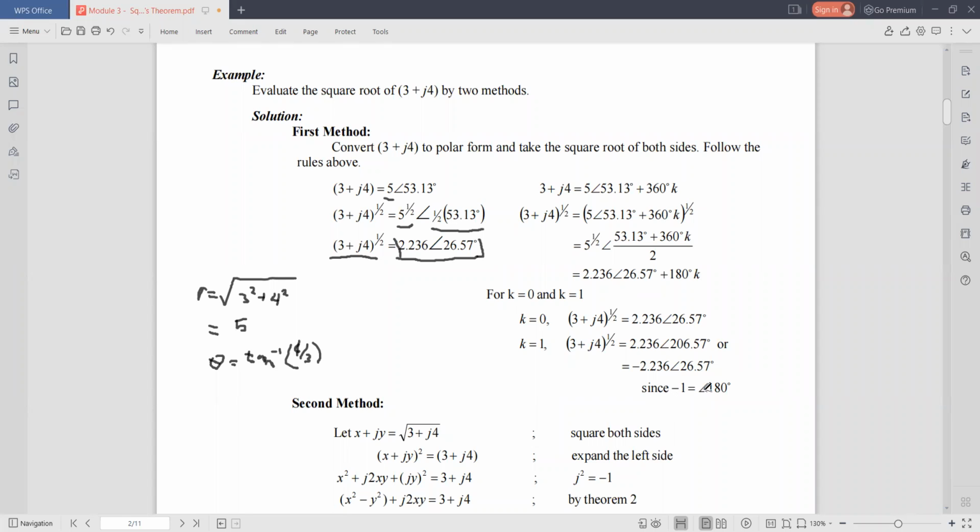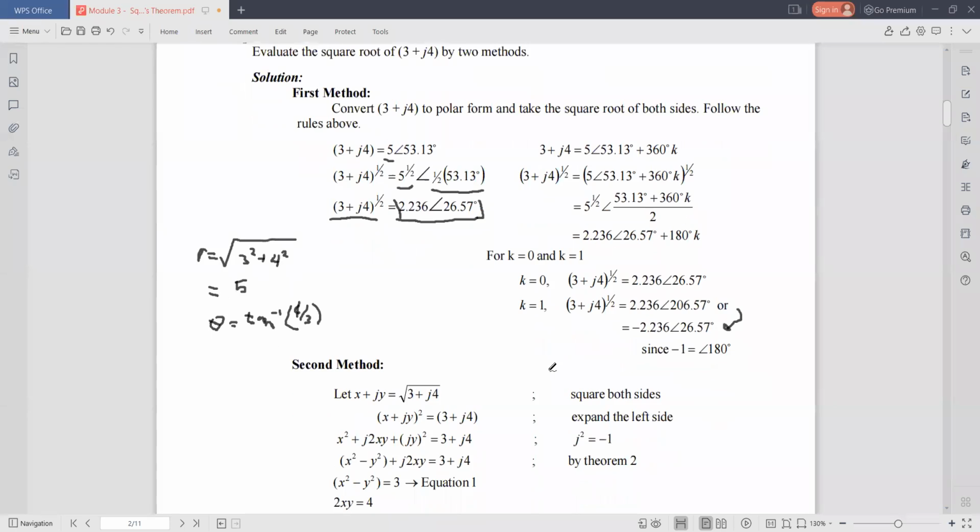And since negative 1 is equal to angle of 180 degrees, your magnitude here will be shifted to negative, so it inverts. Or it can be equal to this one, where we subtract 180 degrees from the angle, and the magnitude is negative, which is the inverse of 180 degrees.